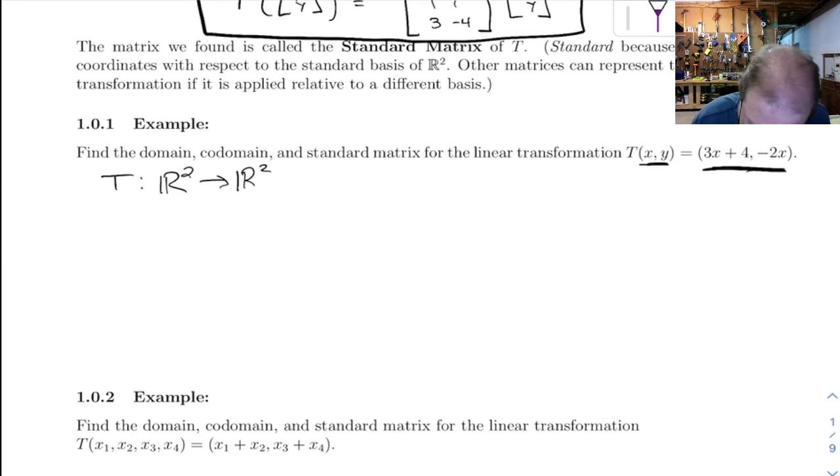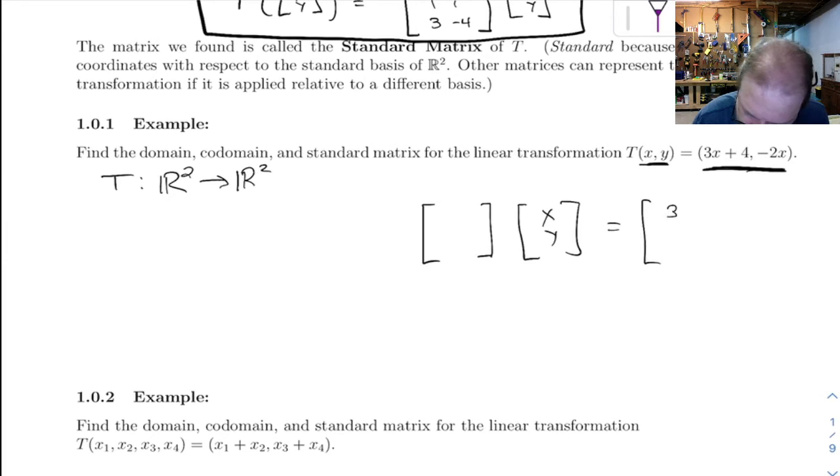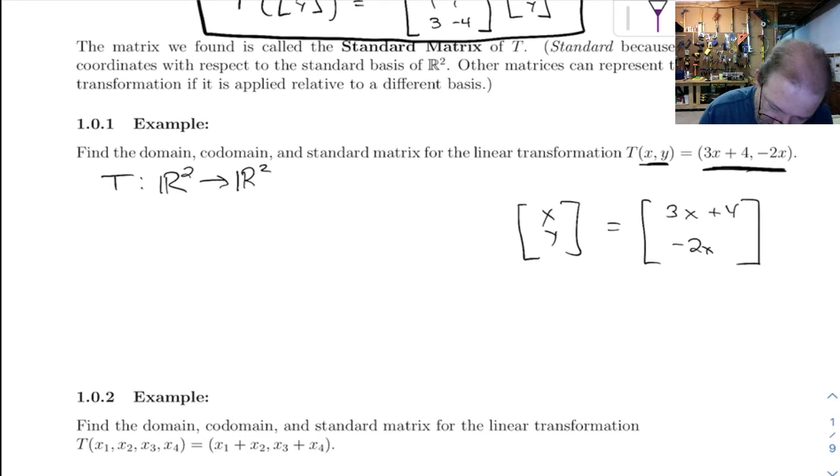I'll write this out even though it's probably not really necessary. Well, actually, it probably is necessary to do this at least the first couple of times. So 3x plus 4 and then minus 2x. So the standard matrix is going to be a 2 by 2 matrix.